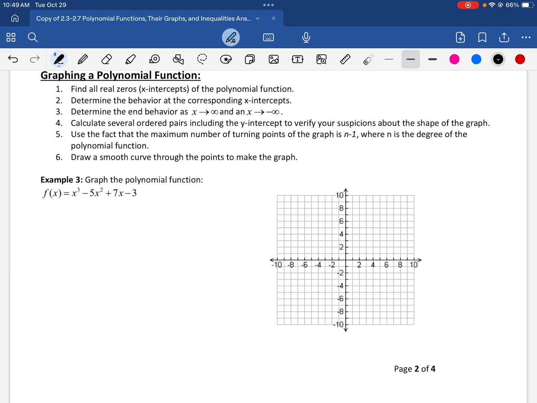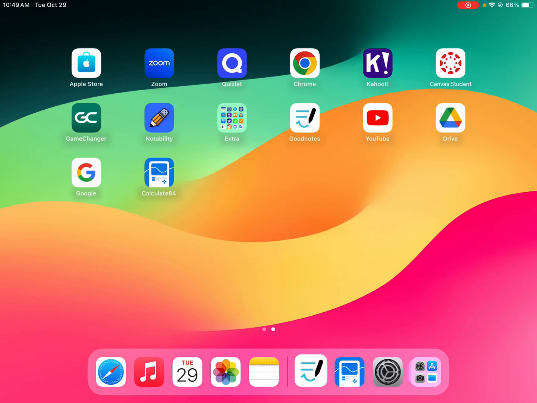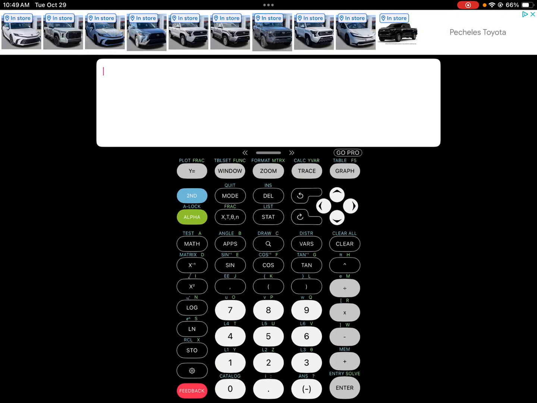All right, so let's see. Starting out with finding those x-intercepts. I'm going to go into the calculator, and I'm going to type that function in.